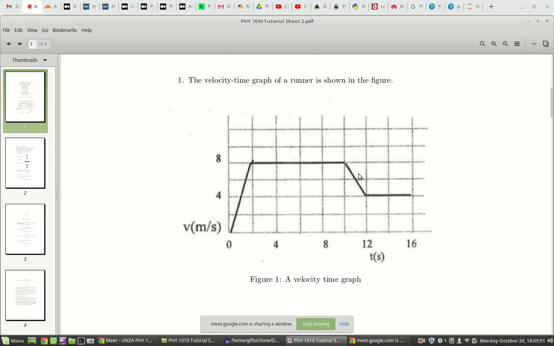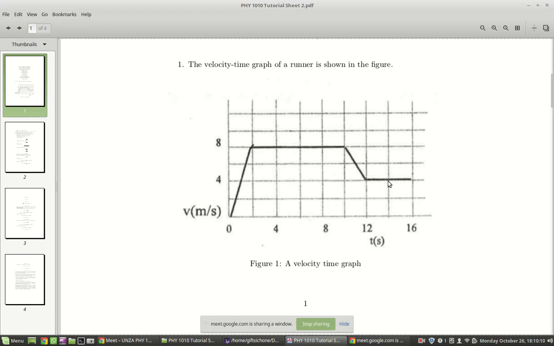Then between 10 seconds and 12 seconds, the runner slows down a bit. There is another form of acceleration there, except because it's a decrease, the acceleration is negative. Then after that, the runner continues to run with constant velocity. So basically, this is what's happening.